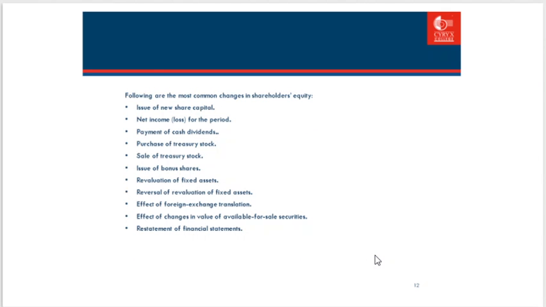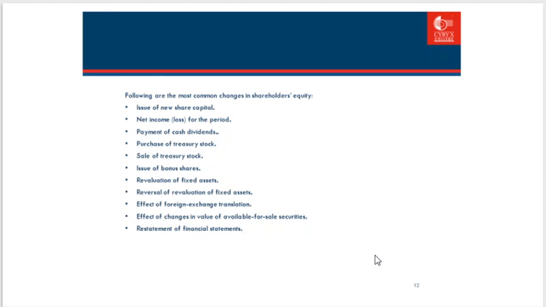Following are the most common changes in shareholders' equity. First, issue of new share capital. It increases the common stock and additional paid-up capital components. Second, net income or loss for the period. It increases or decreases retained earnings. Third, payment of cash dividends. It decreases retained earnings.